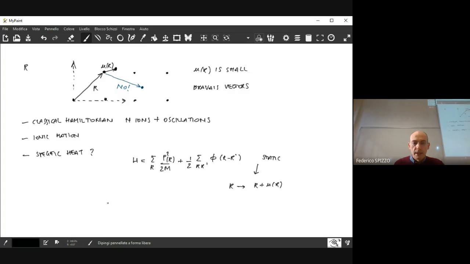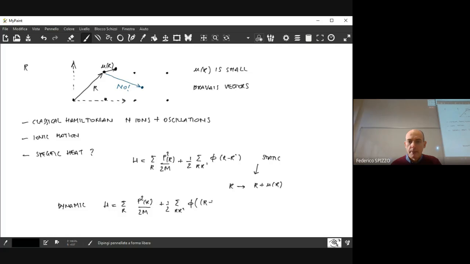So in this case, the dynamic Hamiltonian is again the sum over r of p square of r, and in this case p square is different from 0 because we have deviation from equilibrium, so we have the actual oscillation of the ion, plus 1/2 the summation over r and r prime of phi.